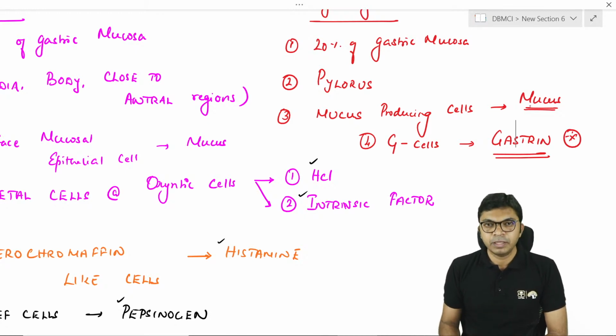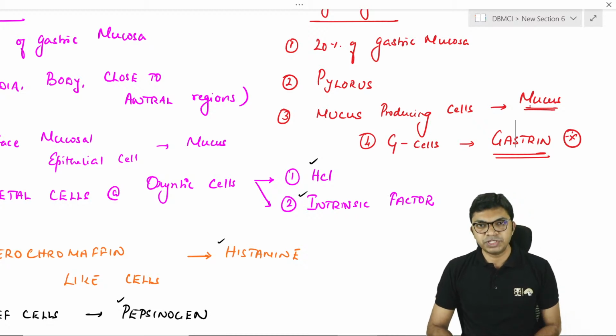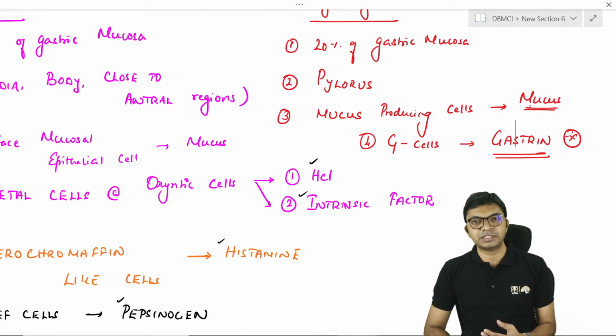You know very well, duodenum is an alkaline environment. Pancreatic enzymes as well as bile secreted into the duodenum will act only in alkaline pH, for which the duodenal lumen must be kept alkaline. Under no circumstances can the duodenal lumen become acidic.